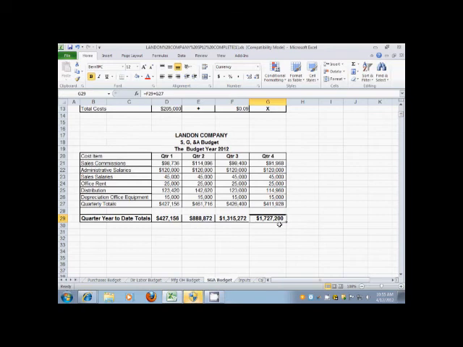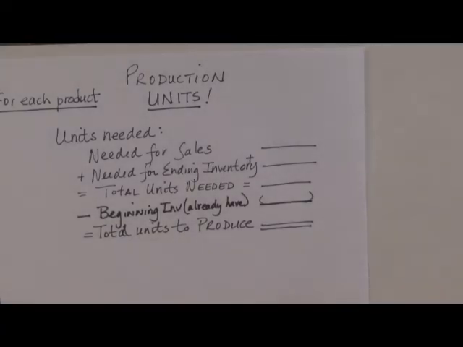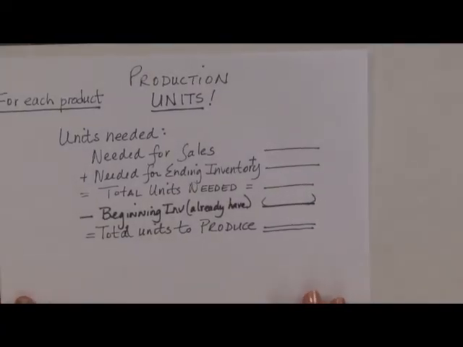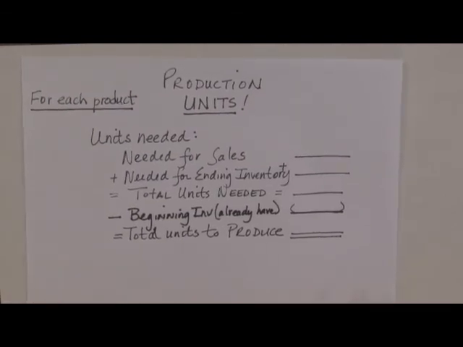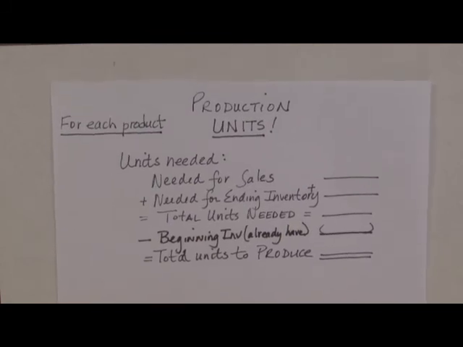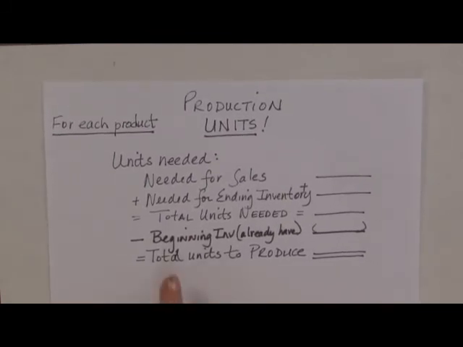Now, the next module, we will look at the cash budget in particular, but we will conclude today's module with this SG&A budget. There is one last thing I'd like to show you as a quick review so that you will have this if you need to copy this down. If we go back to the production budget quickly, we always want to look at what units we need.